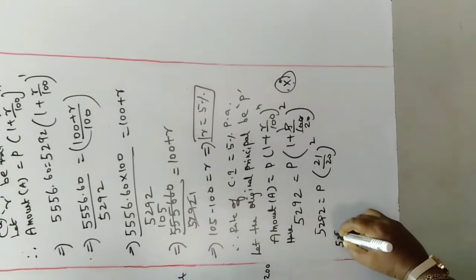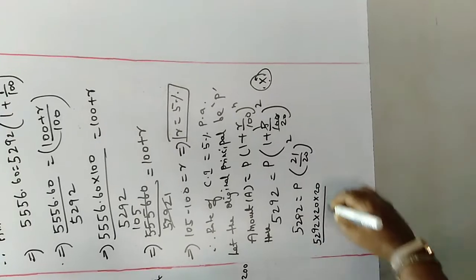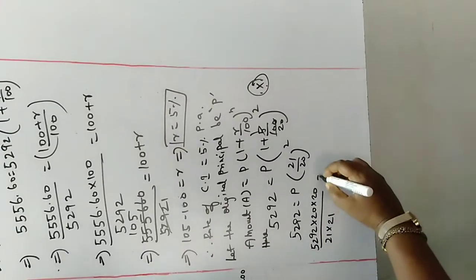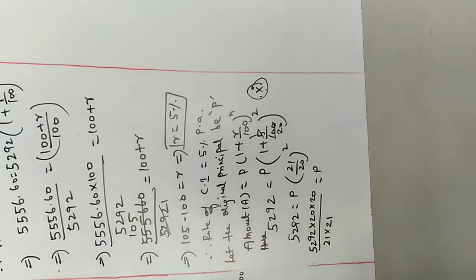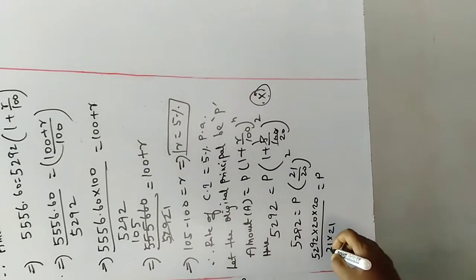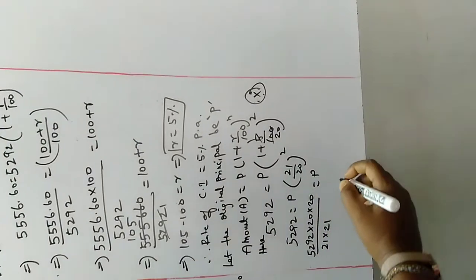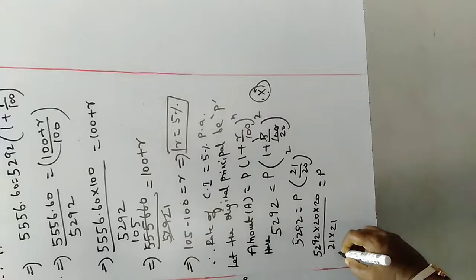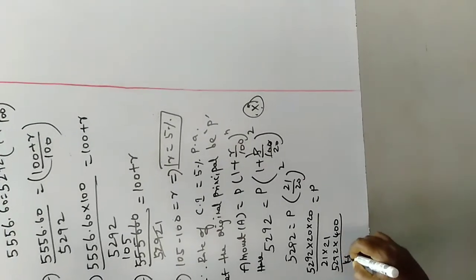So which is what? 5292, taking that to this side, 21 into 21, which is 441. Okay. So if we cancel that, we will be getting 5292 into 400 by 441.